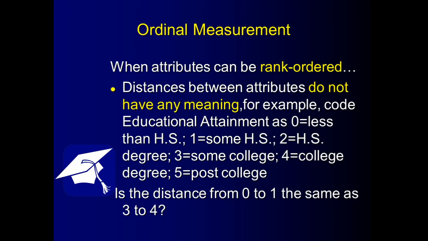But I want you to explore, is there a distance between this order? For example, someone has got 0, less than high school, and someone is 1, some high school. What can be between 0 and 1? Or what can be between 1 and 2 here? I don't think anything.